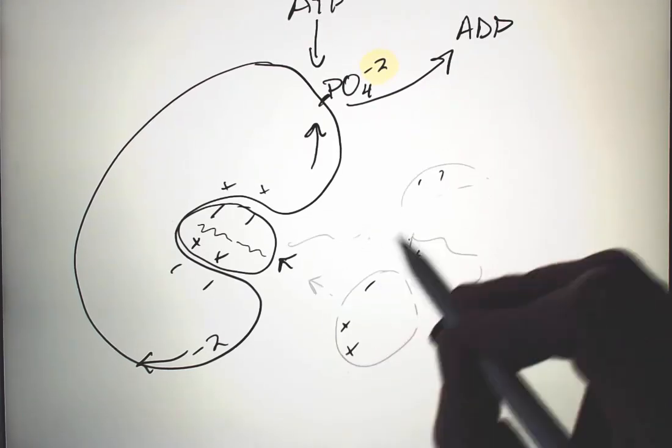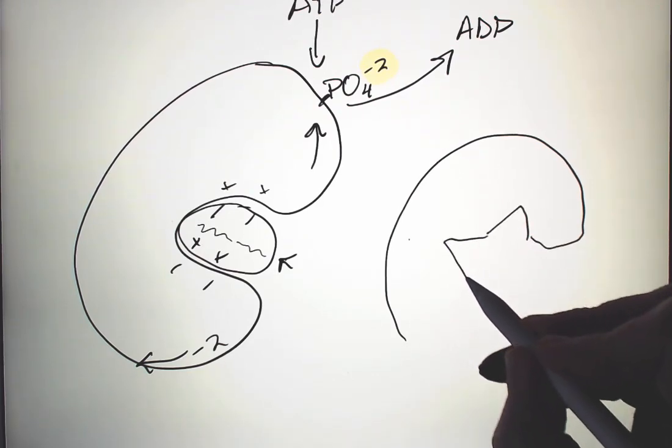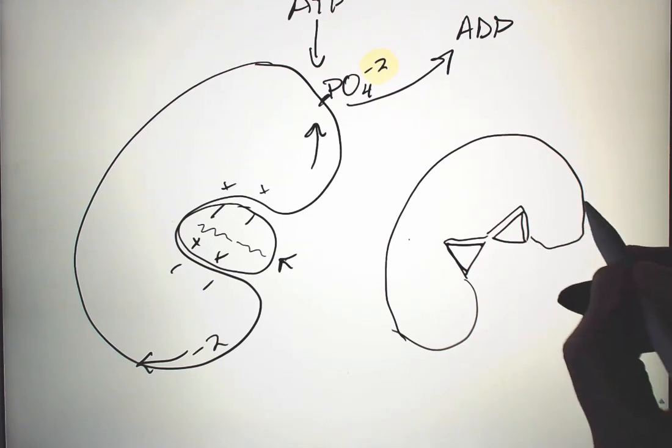Similarly, you can have an enzyme that maybe has binding pockets like this that binds two substrates, and the normal flexing of the enzyme is never enough to move those two together.